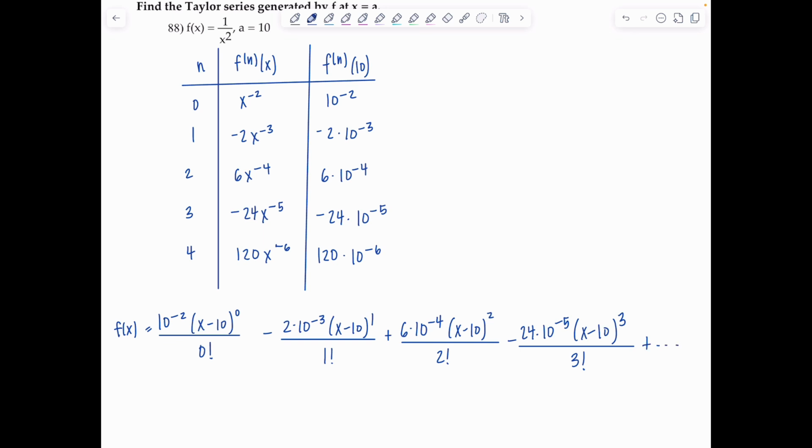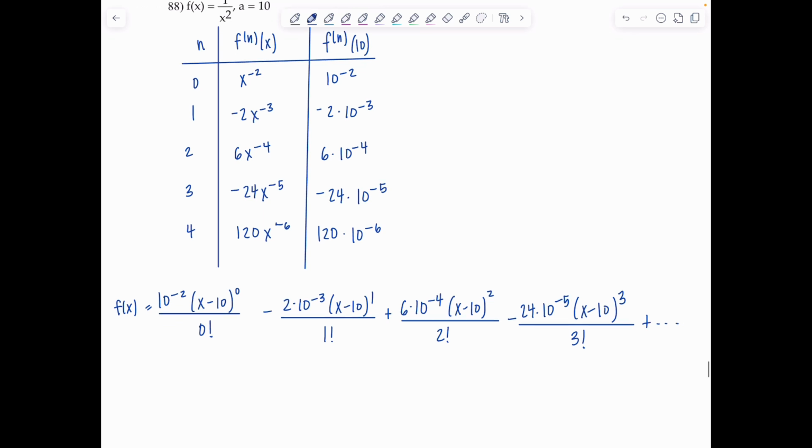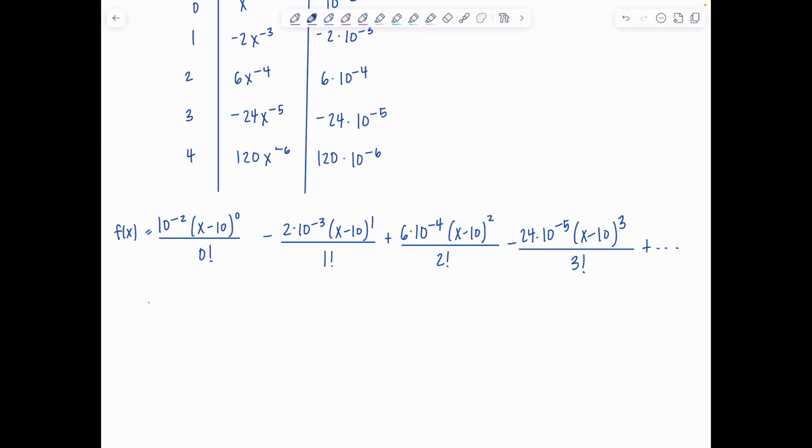That's enough. Let's clean up a little bit because I want you to notice something. This is 10 to the negative second times x minus 10 to the 0. 0 factorial is just 1. Minus 2 times 10 to the negative third times x minus 10 to the first.